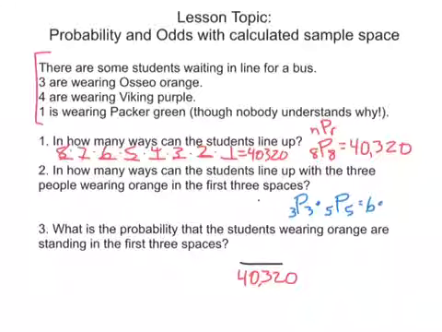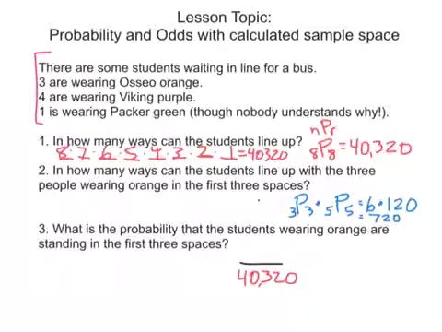Then we multiply that by the total number of arrangements the other 5 people could be in, which is 5P5, and that's 120. If I multiply 6 times 120, I get 720 different ways that the first 3 people could be in orange and the remaining people would be in the 4th, 5th, 6th, 7th, and 8th spots.